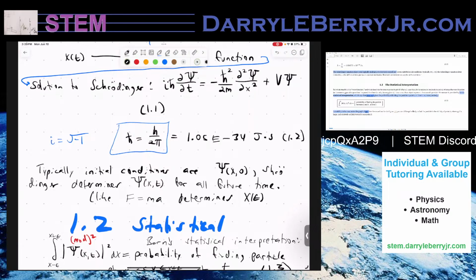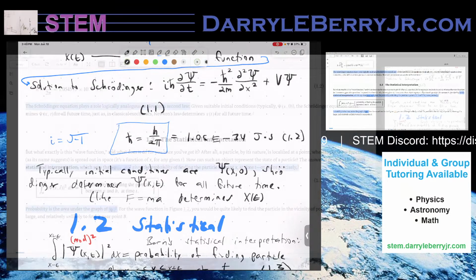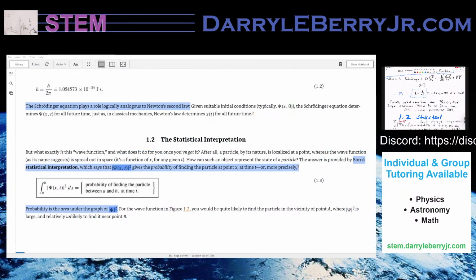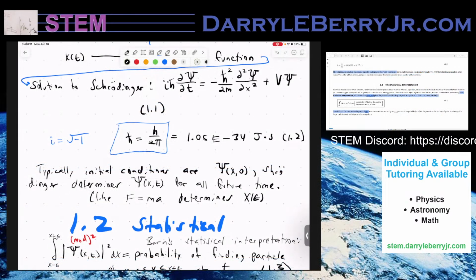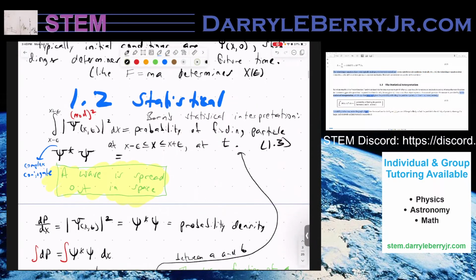You go into the statistical interpretation, which says that psi mod squared gives the probability of finding the particle at x at time t between A and B. Is this there? I have that here.